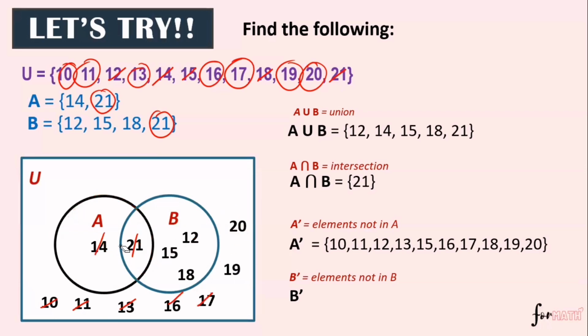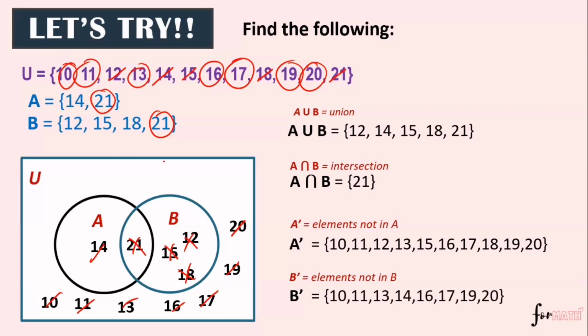So, pag hinanap naman natin si B prime, ang sabi naman dito, elements not in B. So, lahat ng makikita mong elements except sa mga nasa B. Siyempre yung 21 kasama yan sa B kasi intersection sila ni B at ni A. Diba? So ang elements natin sa B prime will be 14, 10, 11, 14, 16, 17, 19, 20. Okay? So that is the B prime.